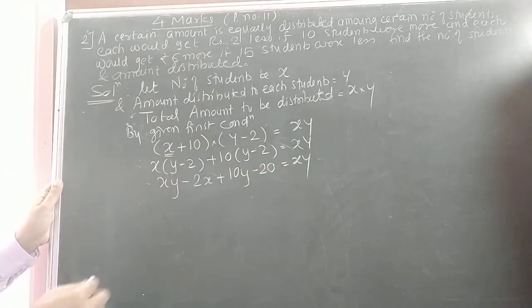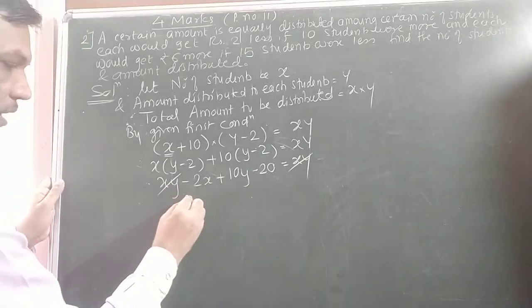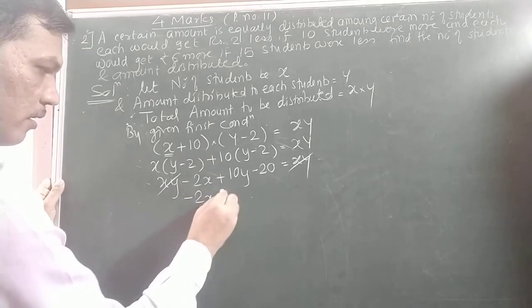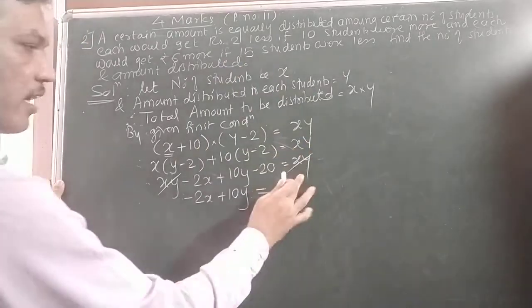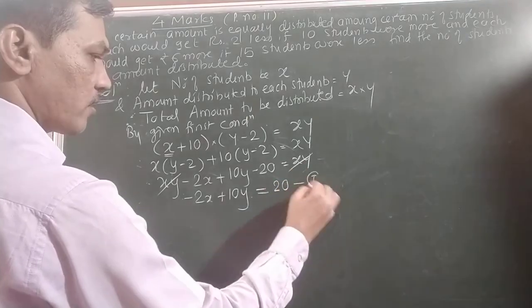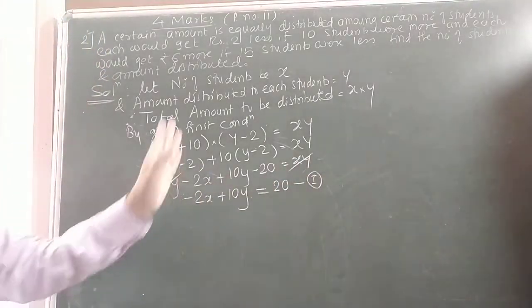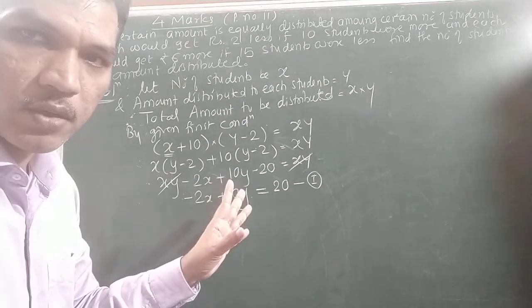Don't take tension, xy gets cancelled. So the simple equation becomes minus 2x plus 10y equals 20. This is equation number first. Now we can solve it by making the coefficients the same.